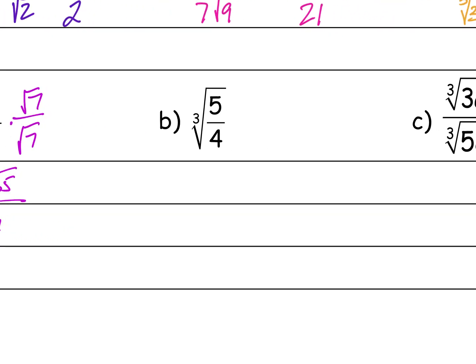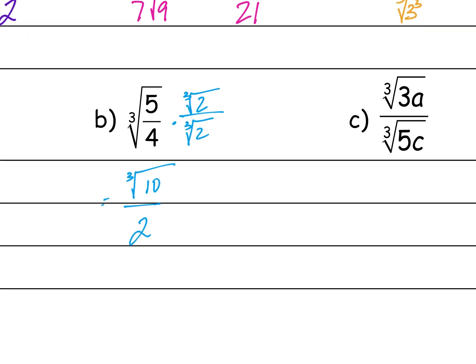And then for B, I'm going to multiply by the cubed root of 2 over the cubed root of 2, because 4 is 2 squared, right? So we get the cubed root of 10 over 2.